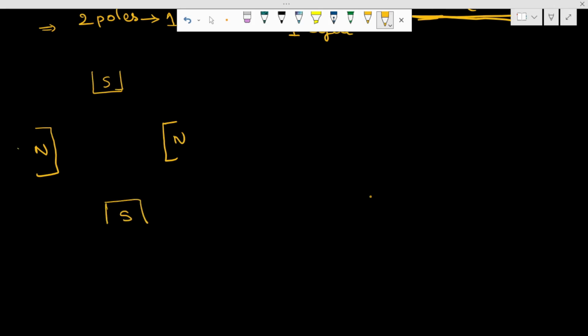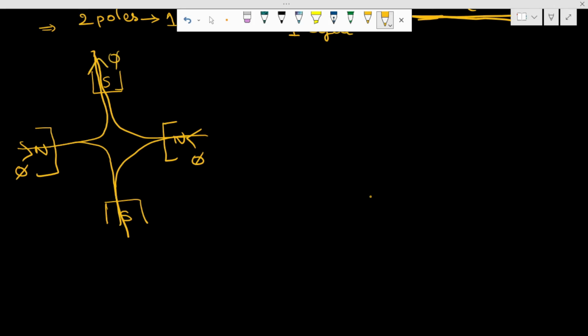From north to south, the flux lines will pass.